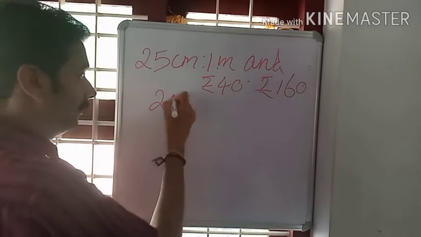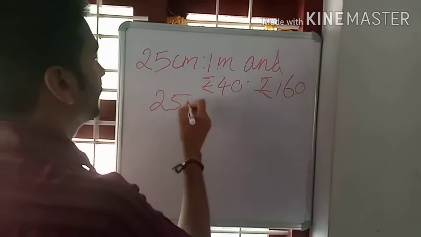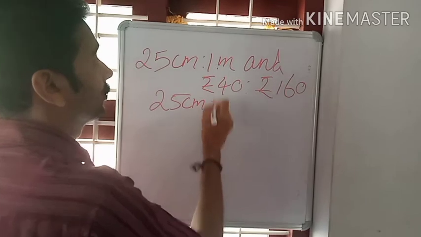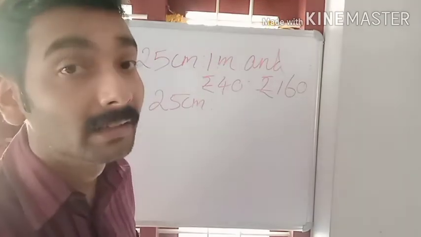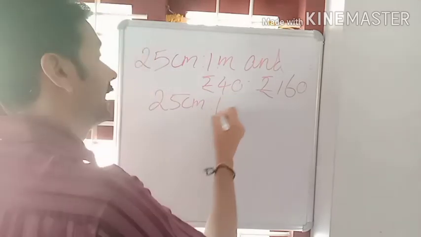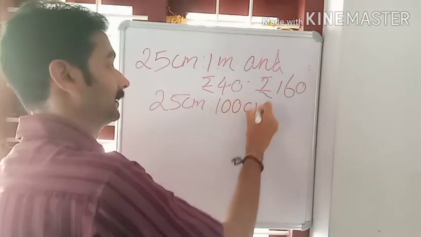First we write 25 centimeter is to 1 meter. How many centimeters is 1 meter? 1 meter is 100 centimeters.